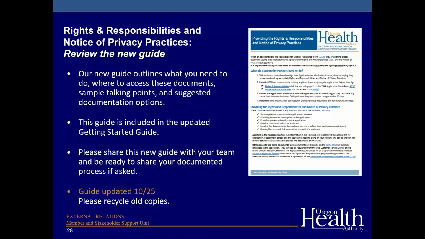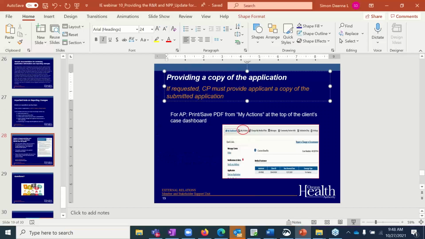But the other thing you'll need to do besides take that training is take this guide back to your team and work on documenting your procedures and your process, and be ready to share that documented process if asked. We did update this guide recently to make it more readable and more plain language and a little less complex and dense. So if you have any versions from before October 25th, please recycle those old copies.